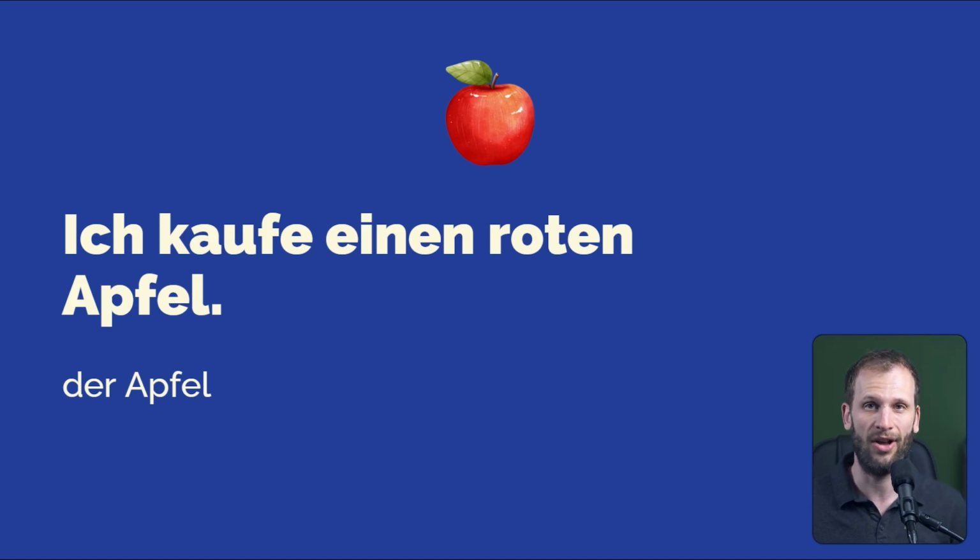You can find the link down below in the comments. So since it's accusative masculine, we need to change it to N's. Ich kaufe einen roten Apfel. And one tip I gave you is that double N, yes, this works. Double N and double E definitely work, but not double R, double S, double M.